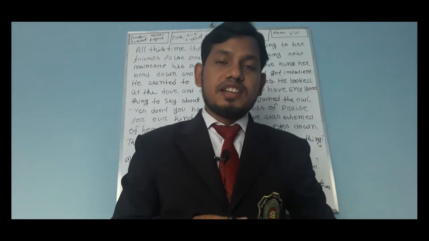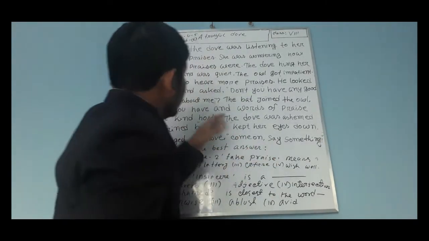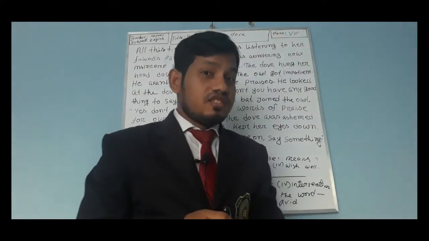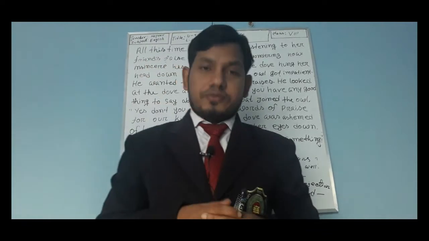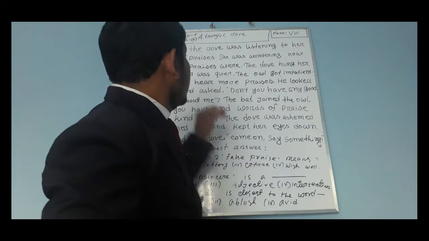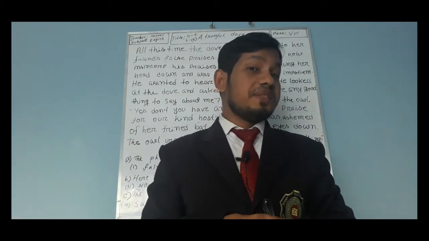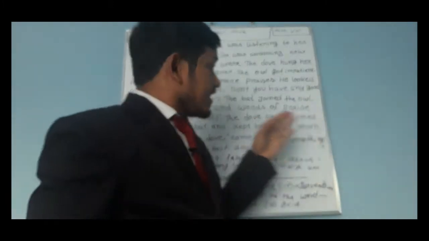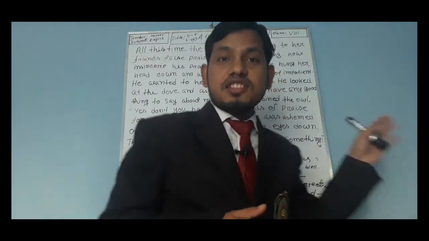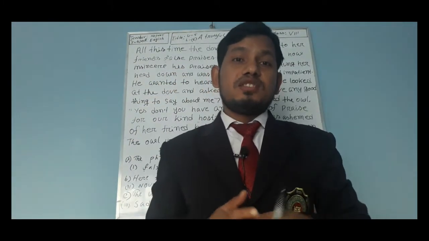The dove is a character of very gentle nature. On the other hand, the rat is a very selfish character, like a selfish friend. And the owl is another character here. He is also very selfish. He plays the role of selfishness.